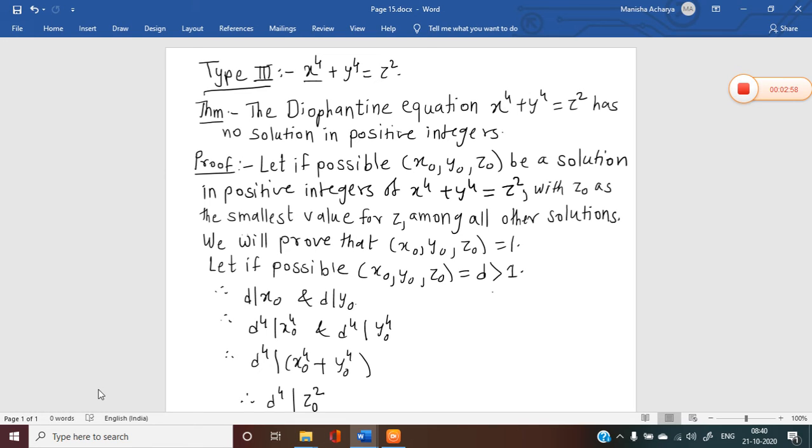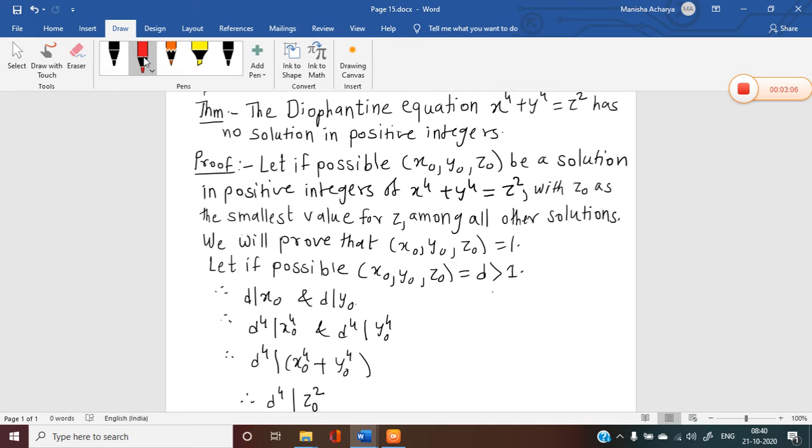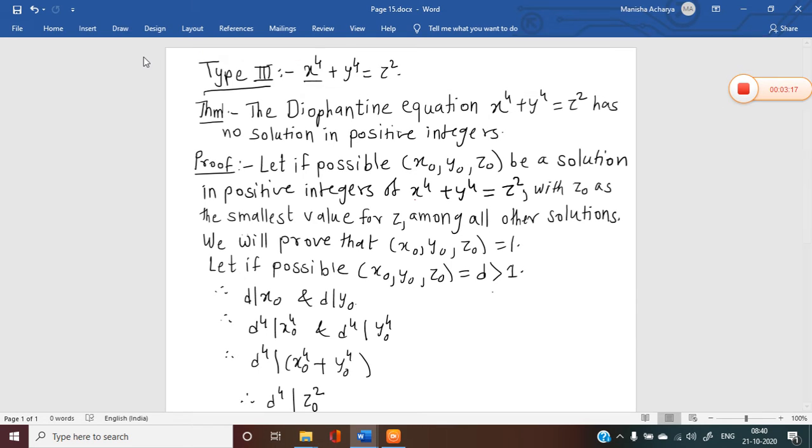Here we have to show that it has no solution in the positive integers. So we start with a wrong assumption, and then we arrive at a contradiction. What is the wrong assumption? Let, if possible, x0, y0, z0 be a solution in positive integers for this given Diophantine equation with z0 as the smallest value for z.